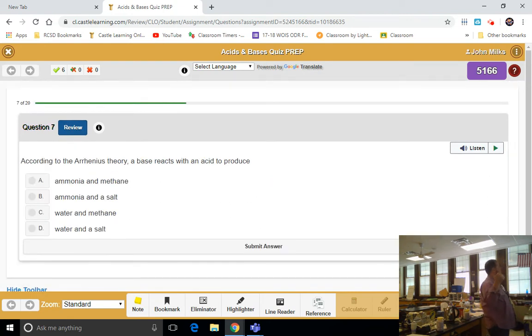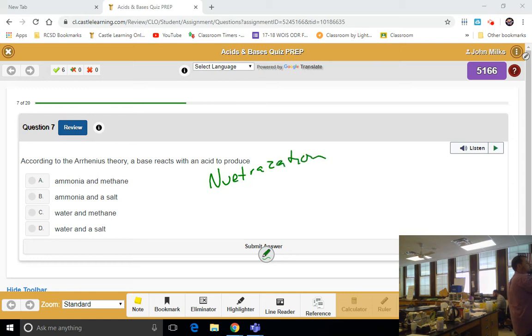Arrhenius theory, so this is the first theory. Acids make H plus, bases make OH minus. Oh, a base and an acid react to produce... Ooh, this is a neutralization reaction. We did this for our titration. This is a neutralization. We learned that acid plus base equals a salt and water.